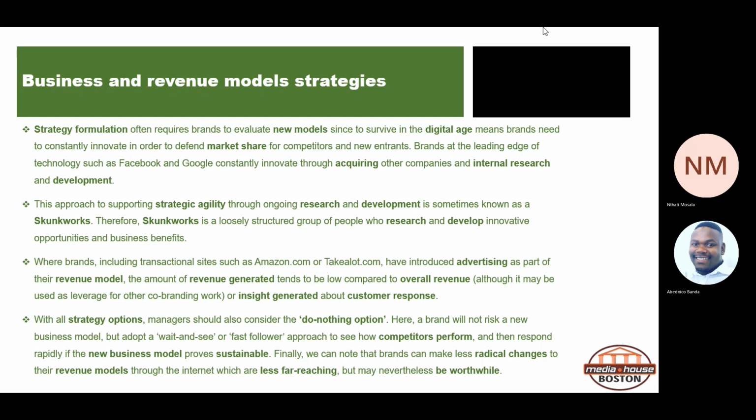So finally, we can note that brands can make less radical changes to their revenue models through the internet, which are less far-reaching, but may nevertheless be worthwhile. So these are the models that you can always check. Even Boston can do that. You do nothing, you wait for Varsity College or other competitors, see what they are doing.